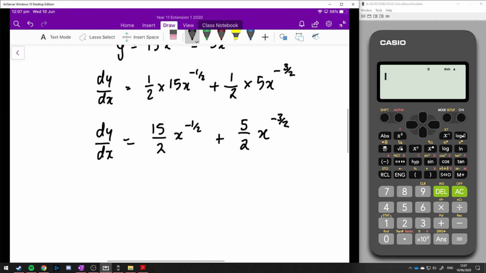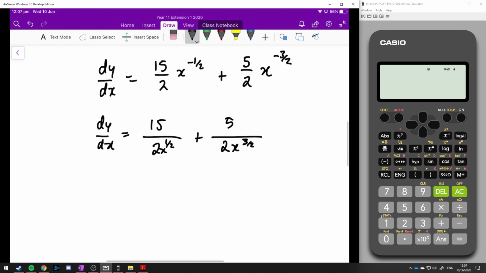Okay, and now putting that next step together, we get dy/dx is equal to 15 over 2 square root of x plus 5 on the top. Actually, no, we're going to leave it as a fractional index, I think. So 15 over 2x to the half, plus 5 over 2x to the 3 on 2. Okay. Now, what I'm going to do is rewrite this a little bit to make it easier.